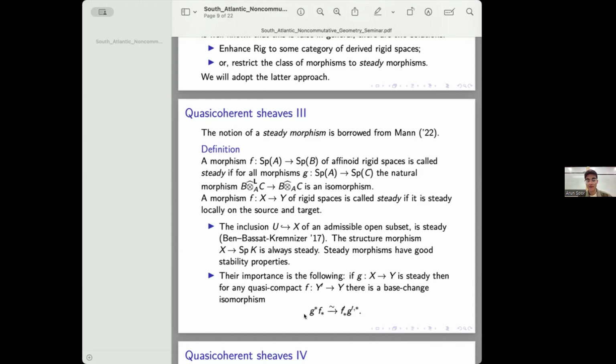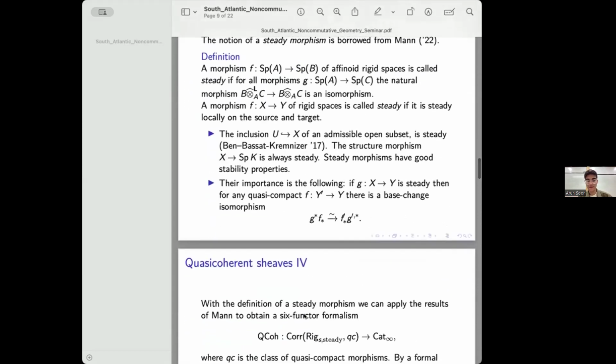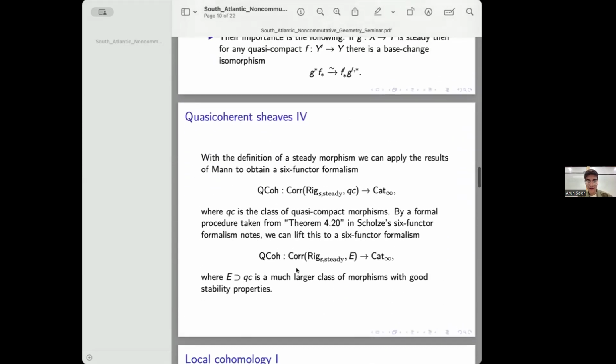If we restrict to the class of steady morphisms, then we can apply the results of Lucas Mann and obtain a six-functor formalism for separated rigid spaces, where we restrict the class of morphisms to steady morphisms. The class E that we take initially is just quasi-compact morphisms.